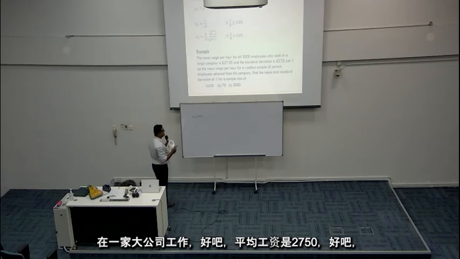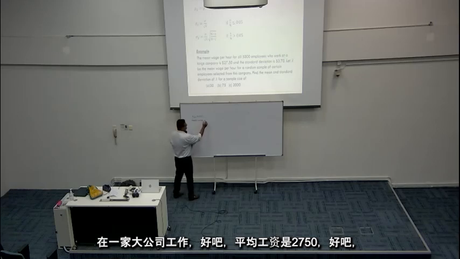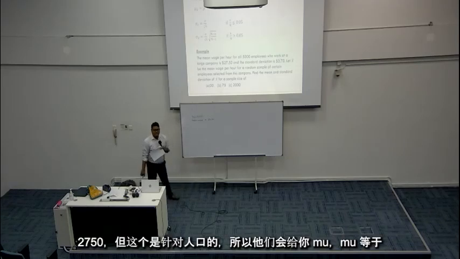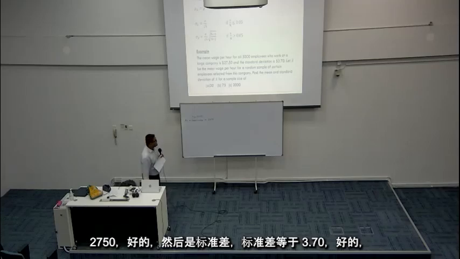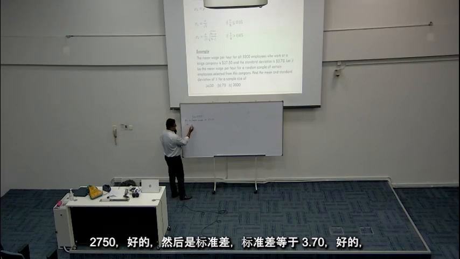The mean wage of all is equal to 27.50, but this one is for the population, so they give you mu. Mu is equal to 27.50, and the standard deviation is equal to 3.70.